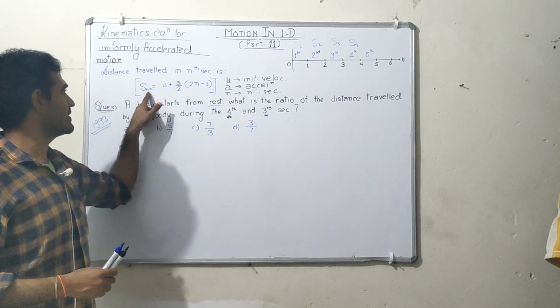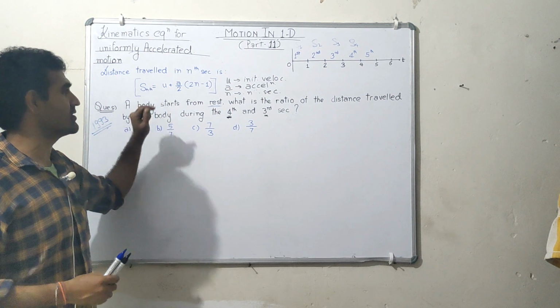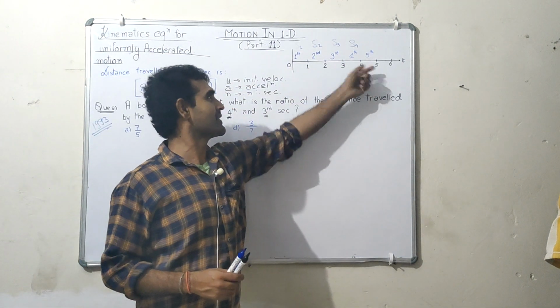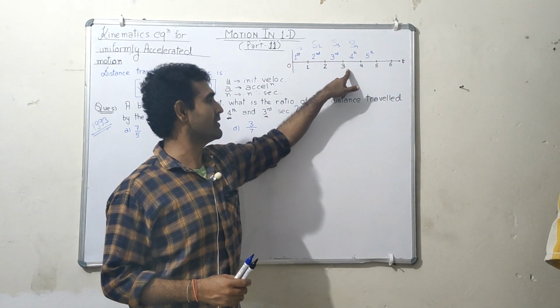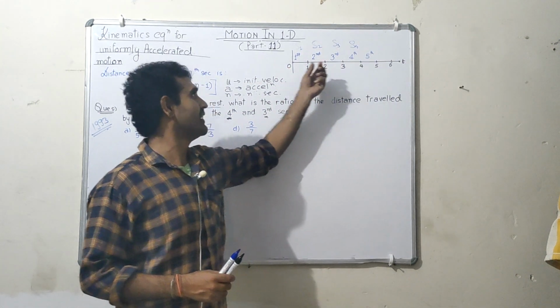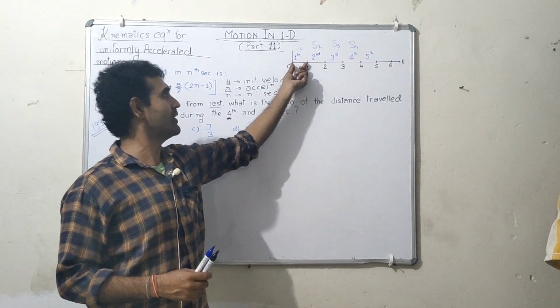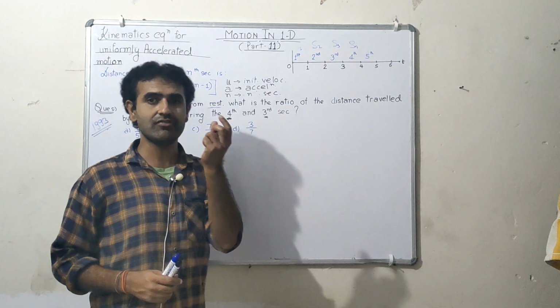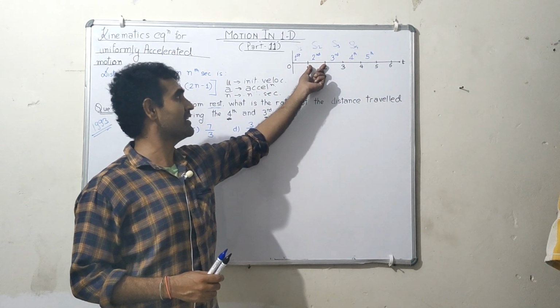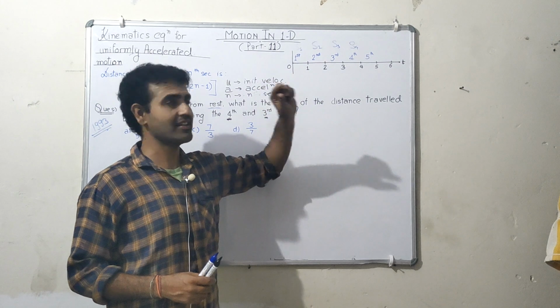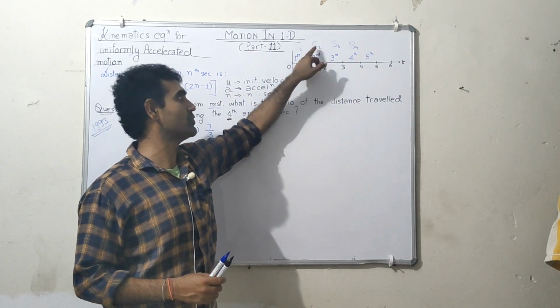Now first we need to understand what is this nth distance traveled. Suppose this is the time axis. This is 0, this is 1, this is 2, 3 seconds, 4 seconds, 5 seconds. Now the distance traveled between 0 and 1 will be called the distance traveled in the first second. Similarly, distance traveled between the first and the second will be called the distance traveled in the second second, and it will be denoted by S2.